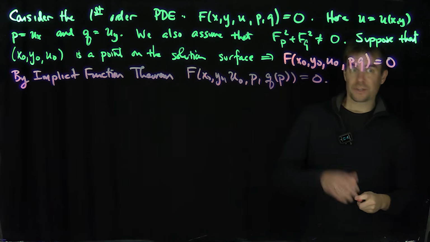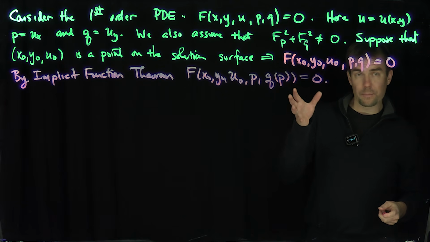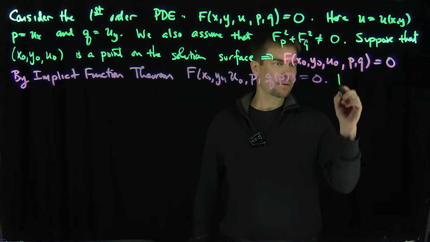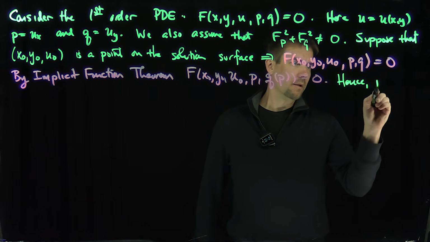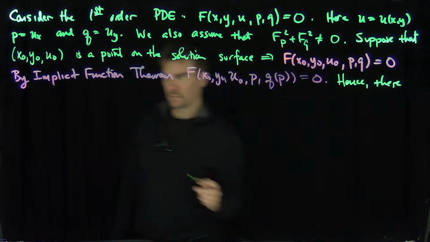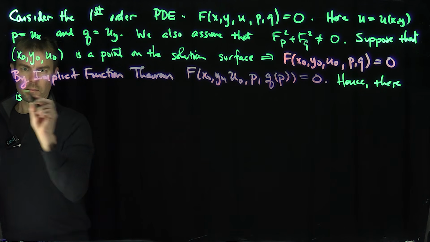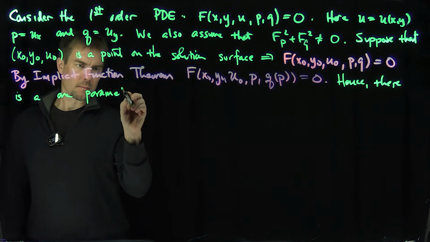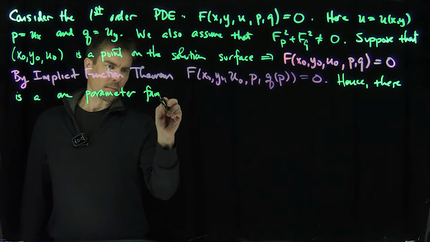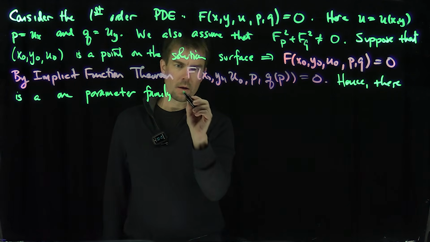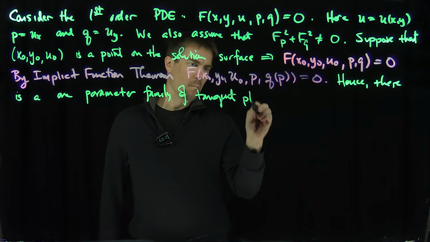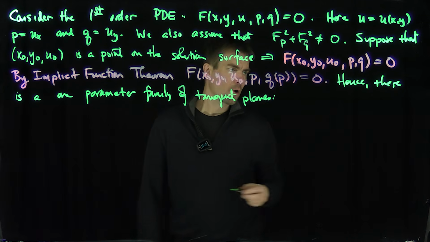Now, in particular, this allows me to say that there's a one-parameter family of tangent planes. What do they look like?